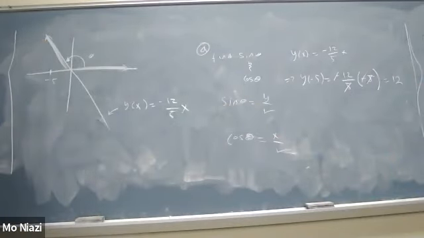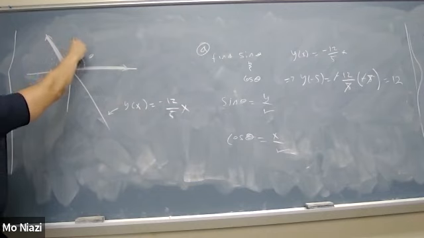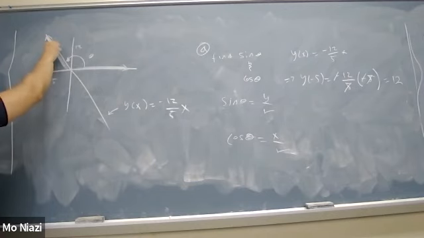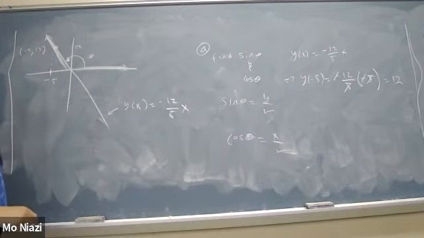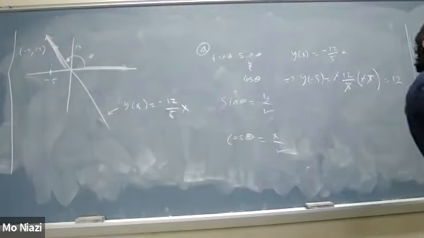We'll come back here. That means this over here is at 12 on the y-axis right here. This point right here is -5, 12 on this line. Making sense? Very good.